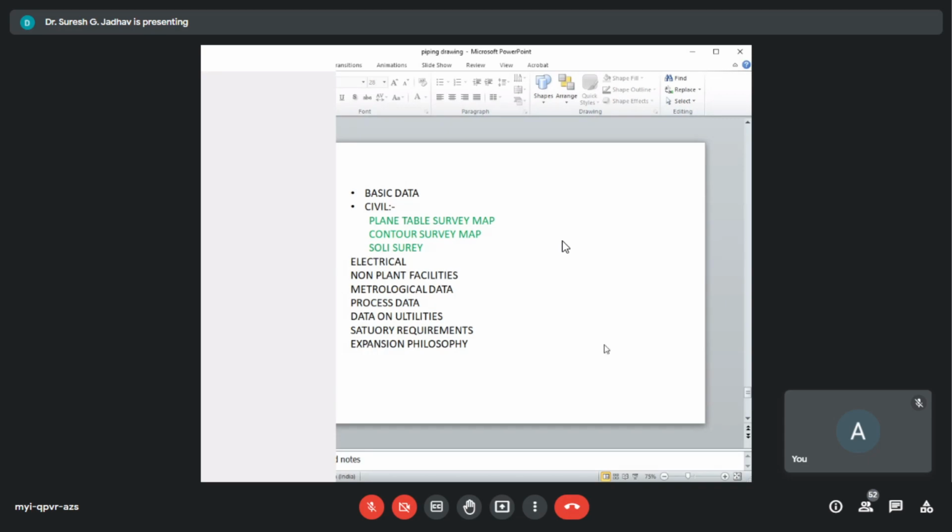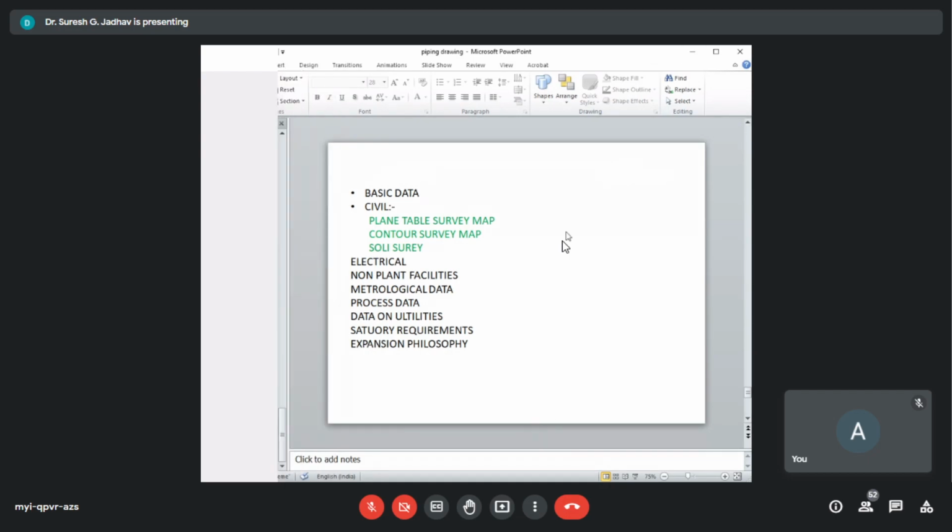So this is very important. We have to consider the plane table survey in plot plan layouts. Next, we have to consider the different kinds of plot plans that are used. With the help of plot plans, we can consider the different kinds of arrangements in engineering plot plans.